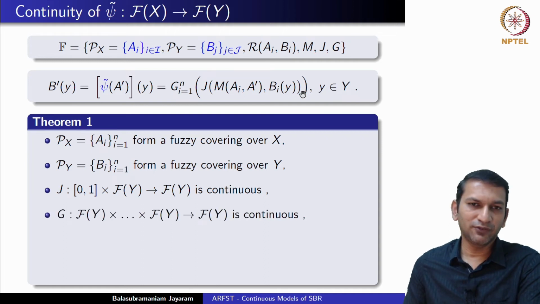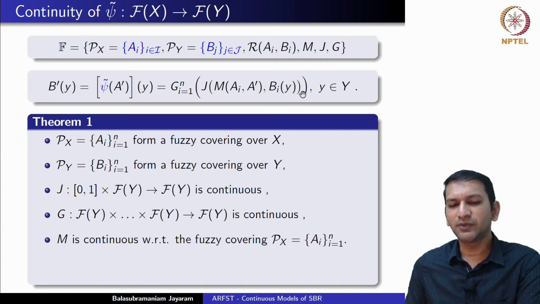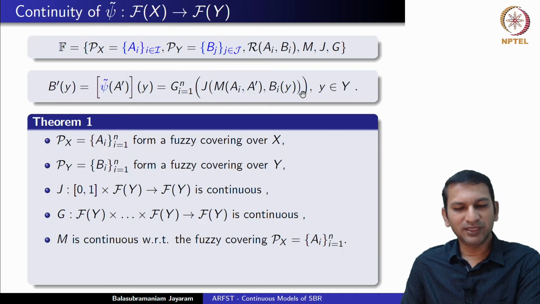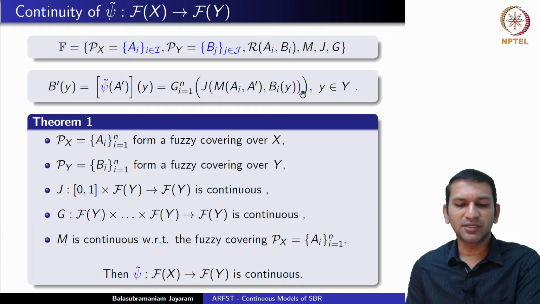G as a function on f of y cross f of y, n copies or some arbitrary copies of f of y to f of y, is continuous. And M is continuous with respect to the fuzzy covering Px that we have considered. If you have all these things, then what we can claim is the system function of SBR, psi tilde, is in fact continuous as a function from f of x to f of y.